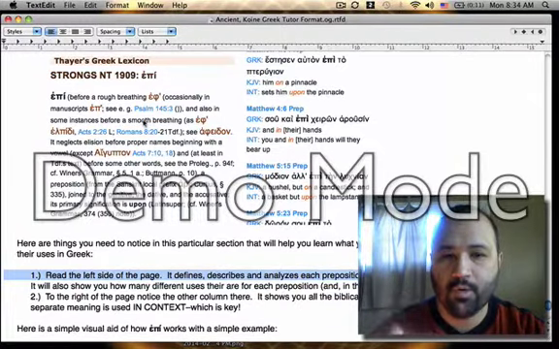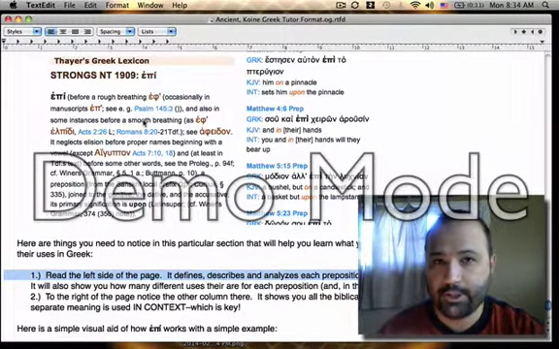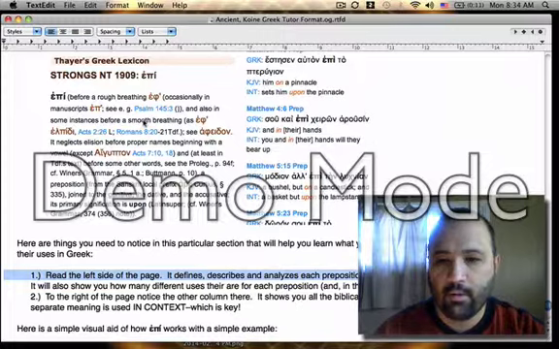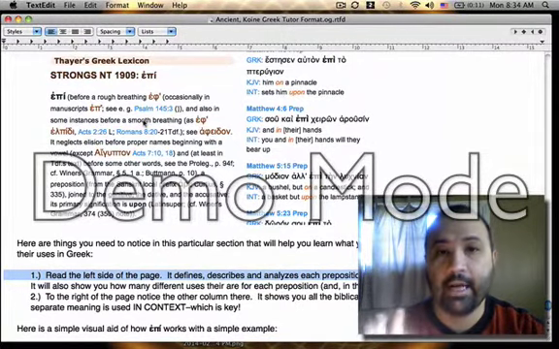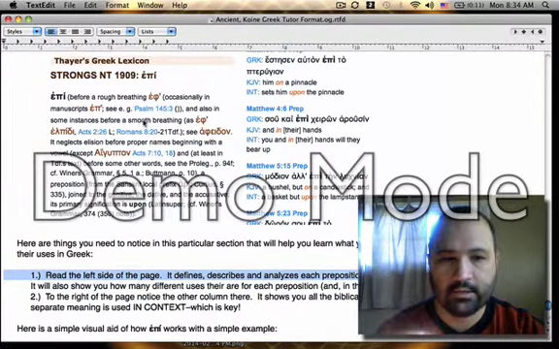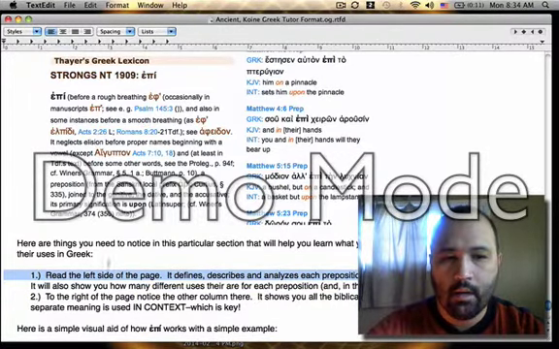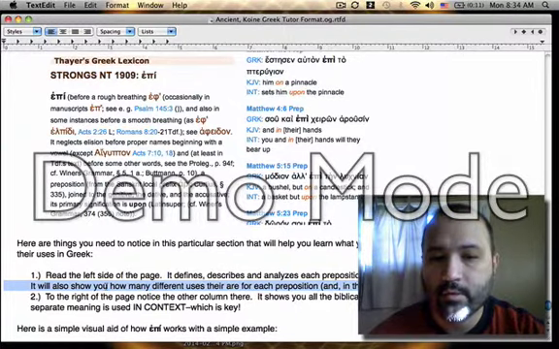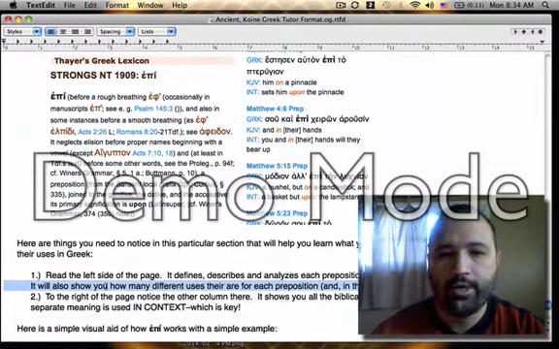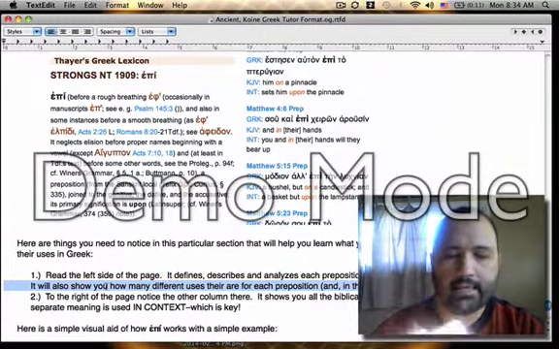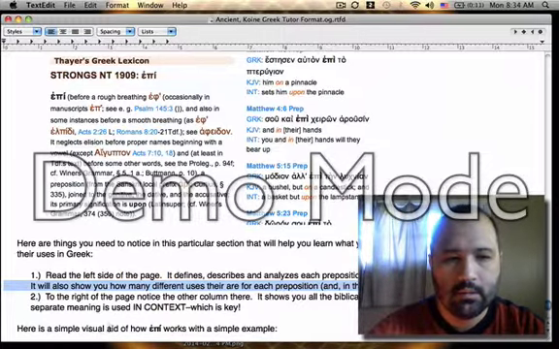It defines, describes, and analyzes each preposition from both biblical and other ancient texts. Next, it will also show you how many different uses there are for each preposition. And in the case of epi, there are a lot.